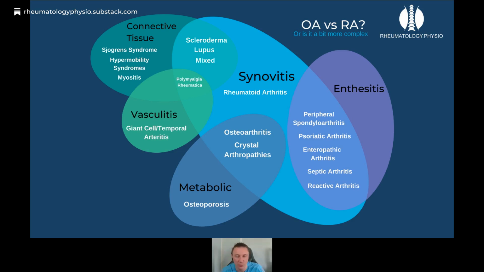In polymyalgia rheumatica, about 25% of patients have peripheral synovitis that looks a lot like rheumatoid. So even when you think some of these things are rheumatological, you can still get it wrong from a differential diagnosis point of view.